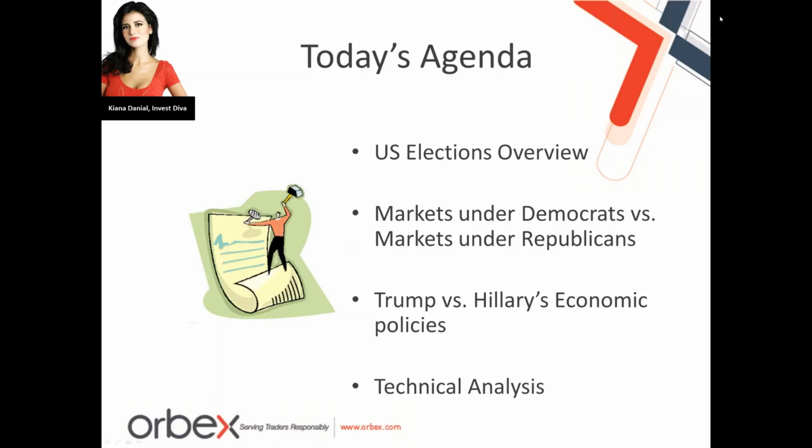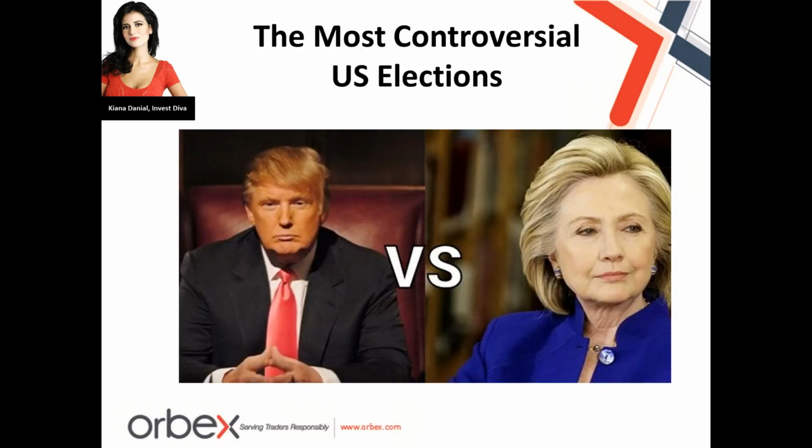We're also going to take a look at historical market performance under Democrats and Republicans, which are the two political parties in the U.S. And then we're going to talk about the two candidates' economic policies, and then we're going to do a little bit of technical analysis and develop potential strategies for trading the U.S. dollar crosses.